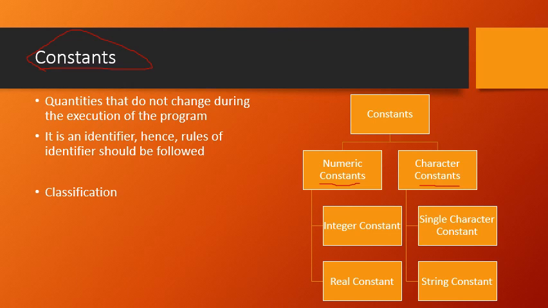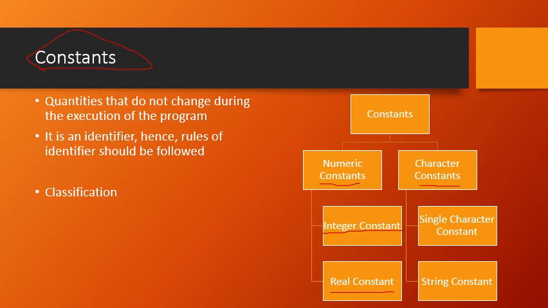So in order to handle that, the numeric constants are further divided into two types. Integer constants are nothing but the whole numbers, and the second one, real constants, are nothing but the fractional numbers.